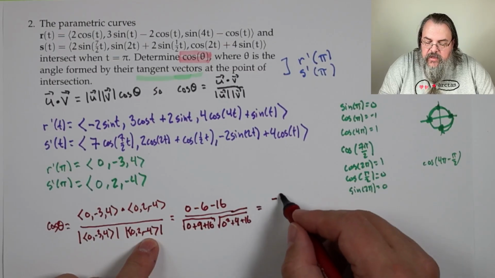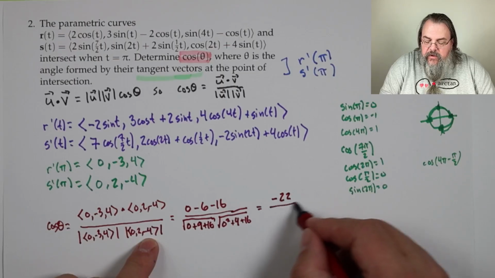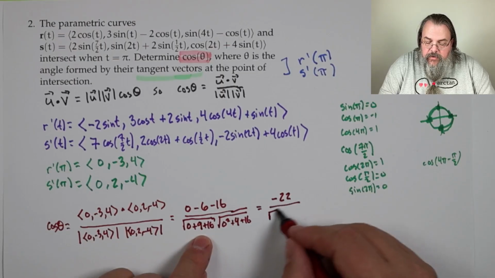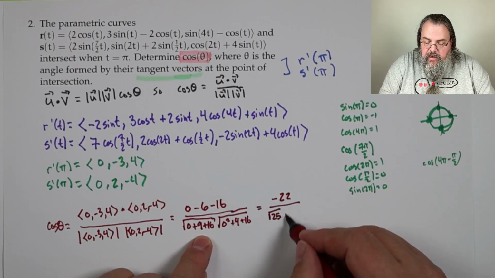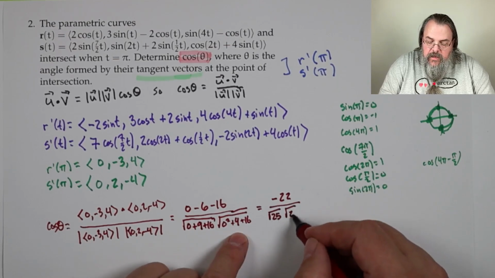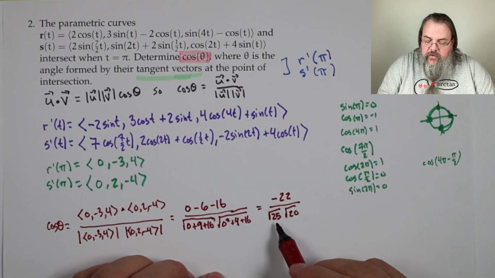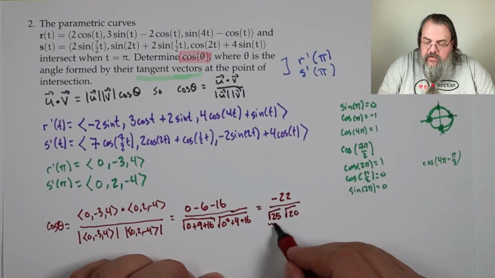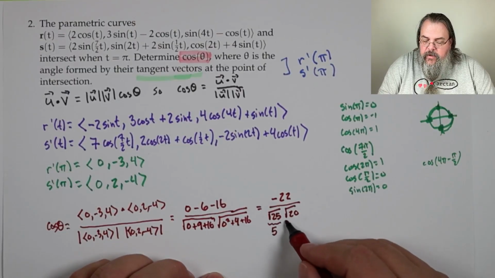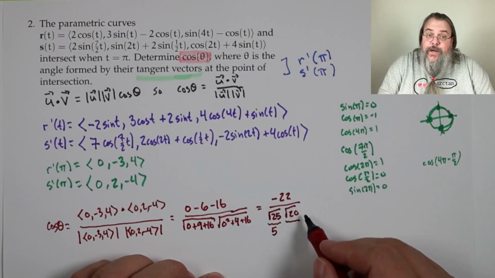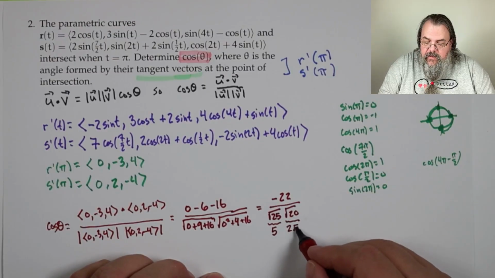So upstairs, negative 22. Downstairs, we have a square root of 25 and a square root of 20. Now you can clean this up. Square root of 25 is the same as 5. Square root of 20, that's 4 times 5, which makes this 2 times square root of 5.